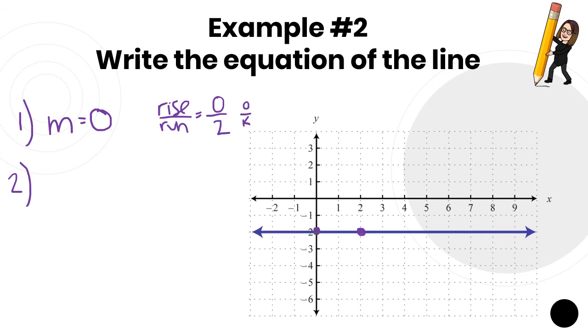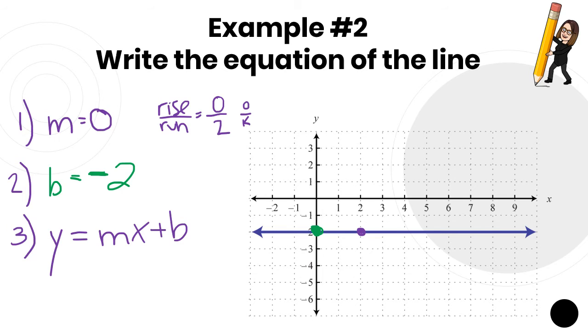Step 2, identify your y-intercept. If I look at where I cross the y-axis, I cross at not positive, but at -2. So watch out for that sign, okay? Step 3, I can substitute those into the equation, y = mx + b. My b value is -2.